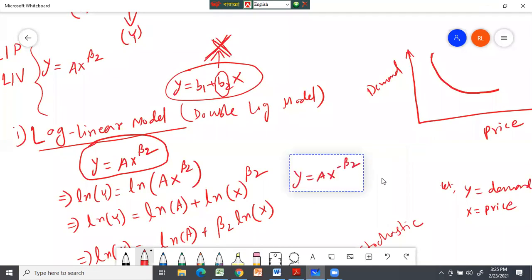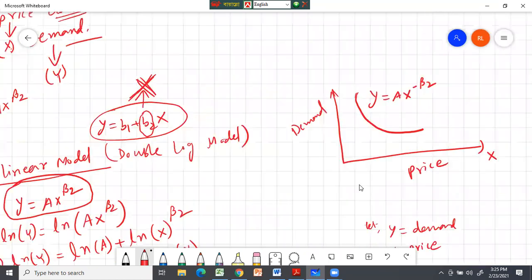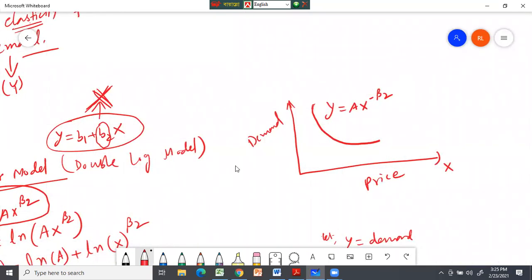The minus sign has been given because of the negative or inverse relationship between price and demand. So when you plot them graphically, it looks like a curve.